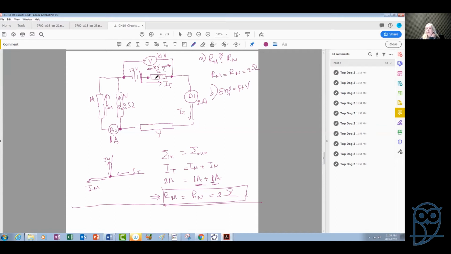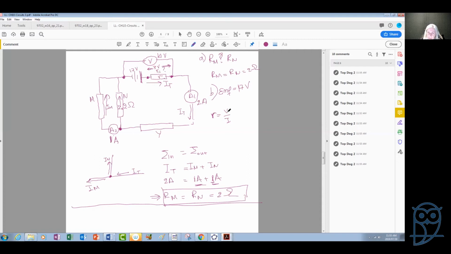All right. So we know that the potential difference across the resistor, the internal resistance R, is 3 volts. If I need to apply Ohm's law to find the value of R, R is V over I. What is this V? It is the potential difference across the internal resistance.